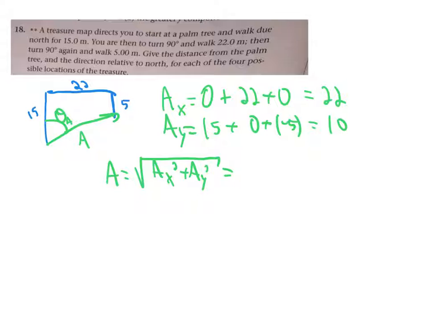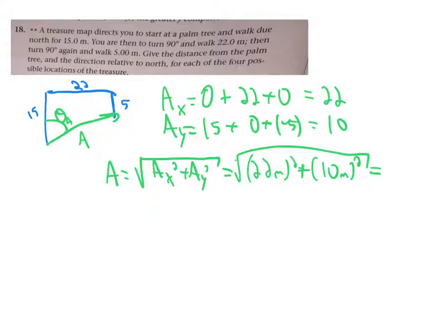So we get 22 meters quantity squared plus 10 meters quantity squared, and then square root of the whole thing, and that comes out to be 24.2 meters, where we have 3 sig figs in everything, but we have only one decimal place in 2 of them, so we only get one decimal place out.